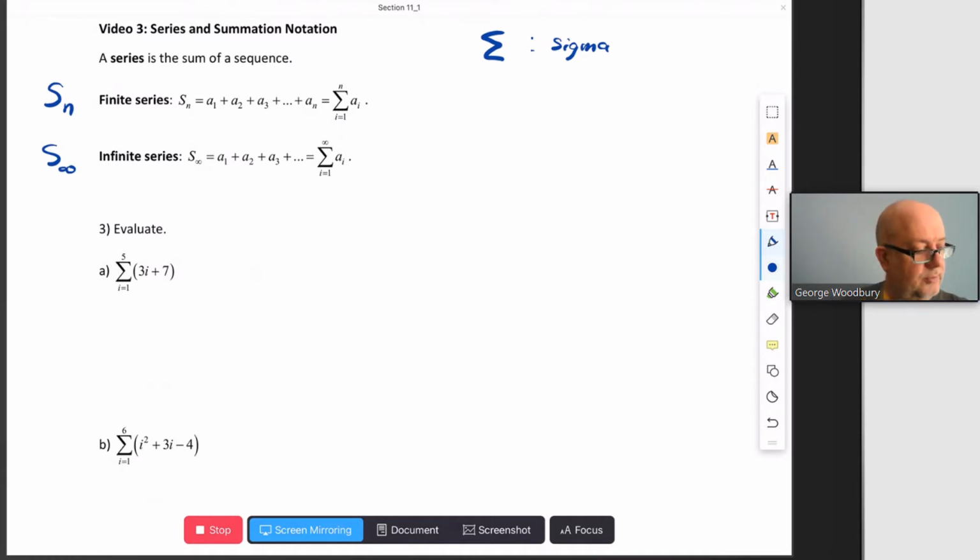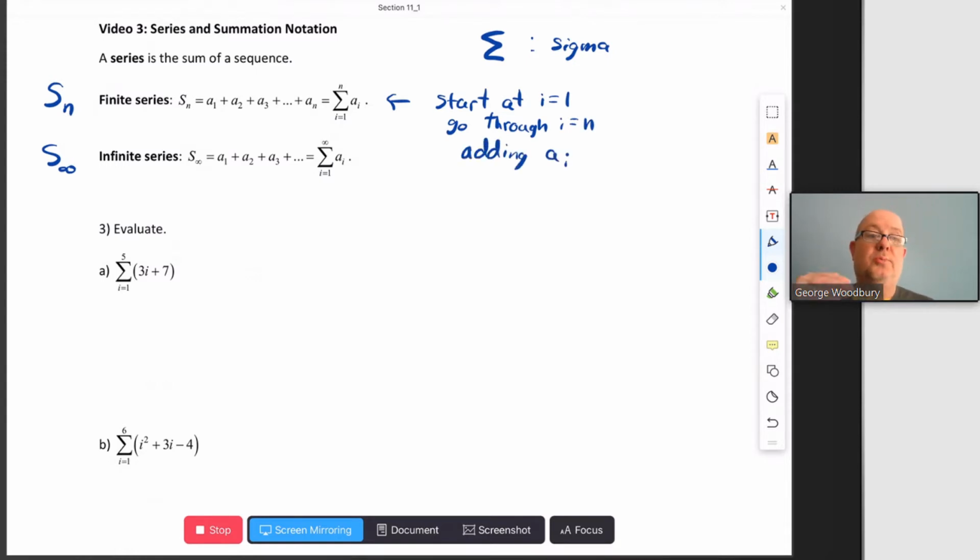So this first one means start at i equals 1, go through i equals n, adding a sub i. So it's a1 plus a2 plus dot dot dot up to an. It's a shorthand way to represent the sum rather than listing out all of the terms we're adding.